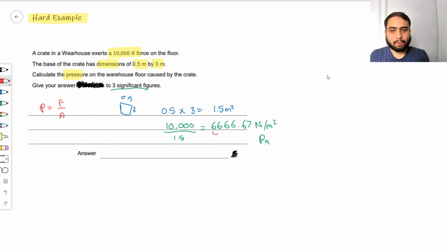Alright, so let's count 3. 1, 2, 3. So what we need to do is convert these final digits into our significant figures. So we end up with 6,667 newtons. Sorry, no, not that. 6,670 newtons per meter squared. Sorry about that, but that's our answer right there, and that gives us 2 marks.